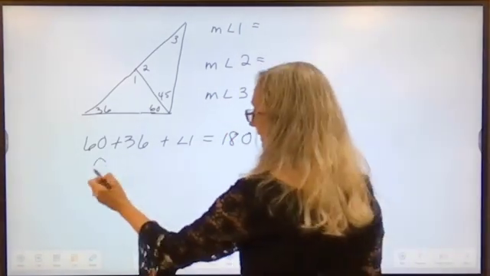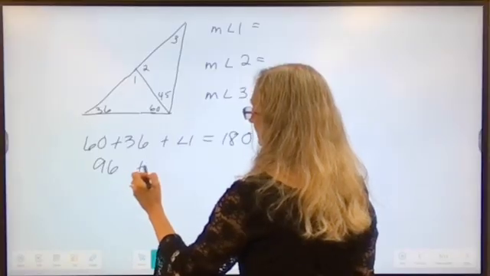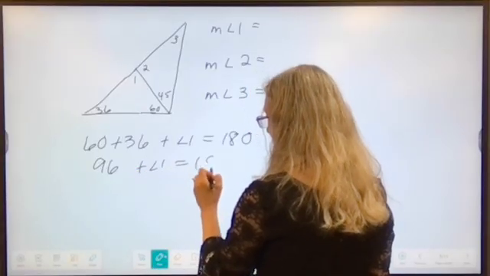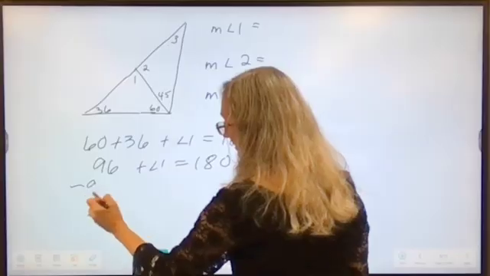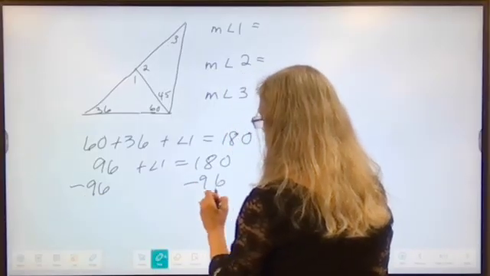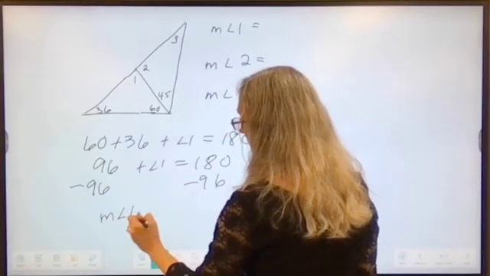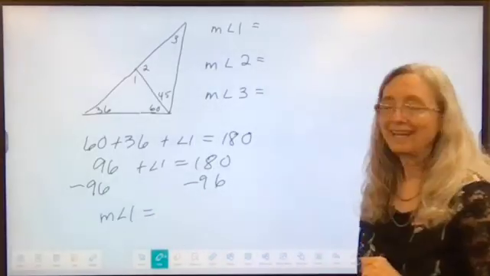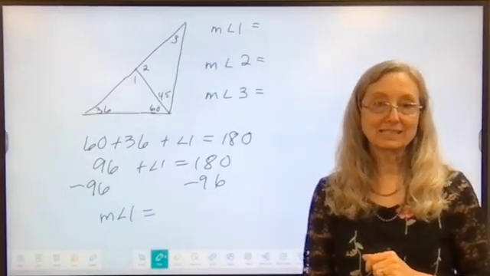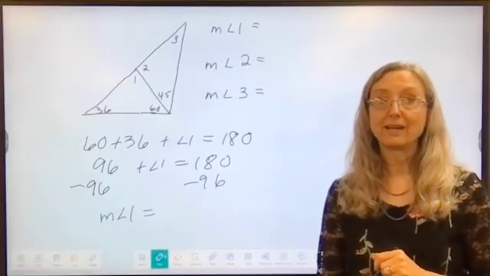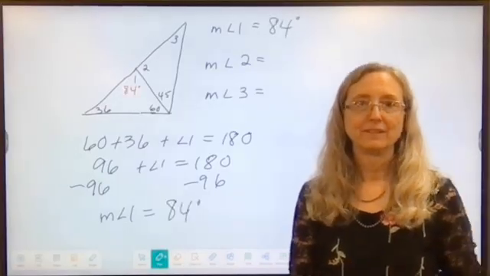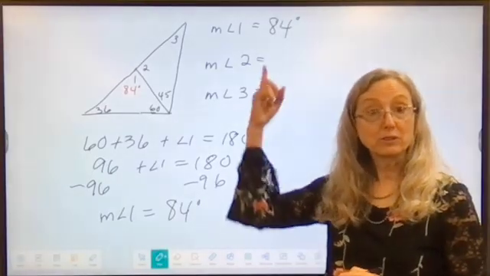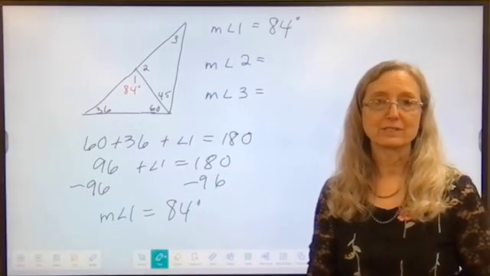So if I combine these, and I subtract my 96, I'm just showing you every step, then the measure of angle 1 is whatever 180 minus 96 is, which I believe should be 84. So the measure of angle 1 is 84 degrees.